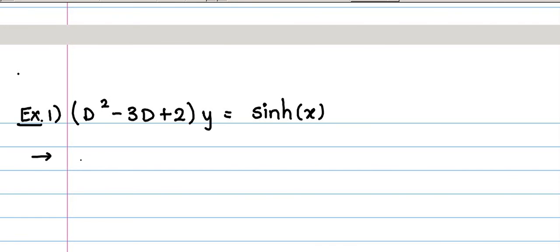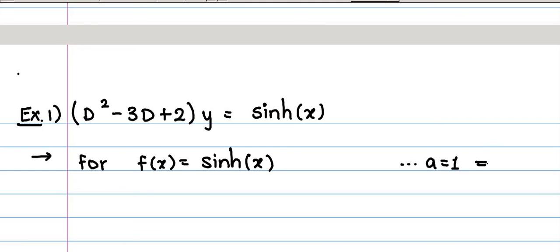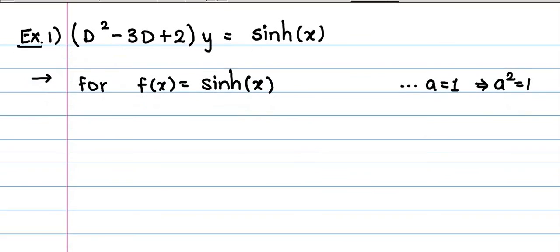Here, for the function f of x equal to sin hyperbolic x, the value of a is equal to 1, which implies a square is also equal to 1.